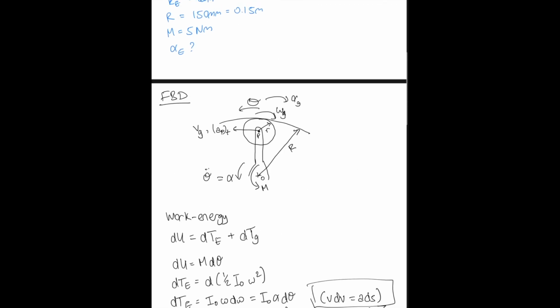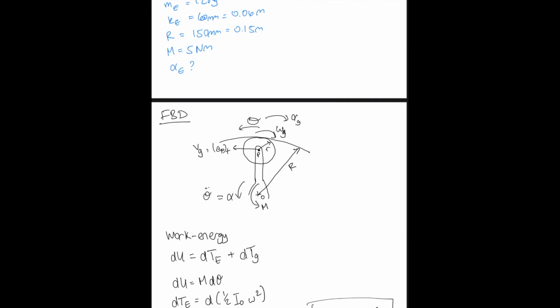So if we go back to our free body diagram, that's going to be equal to this distance over here, which is big R minus small r, multiplied by d theta. That's just the distance around the curve in radians.